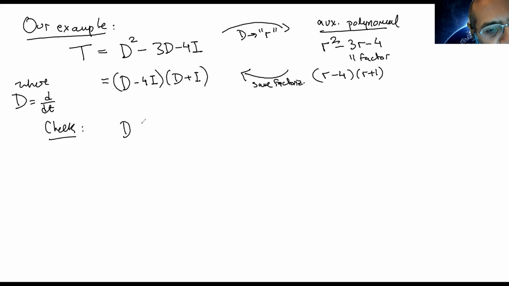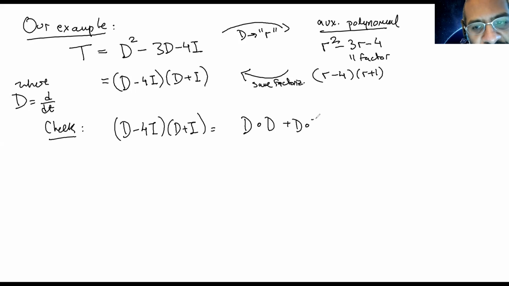You have D minus 4I times D plus I. What does it mean? Well, it means D composed with D plus D composed with I minus 4I composed with D minus 4I composed with I.